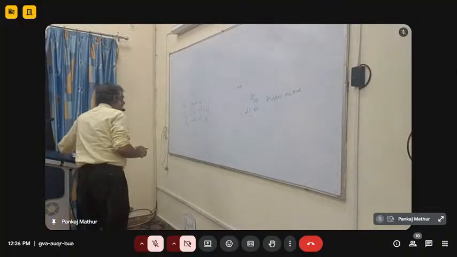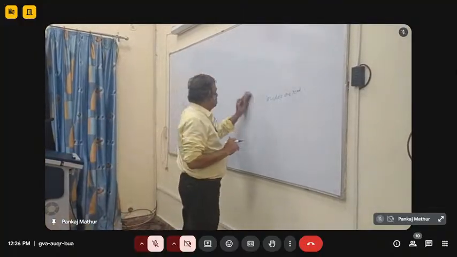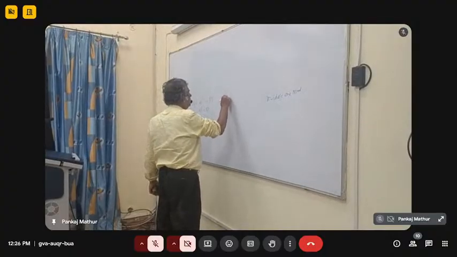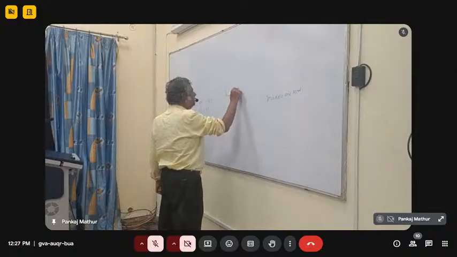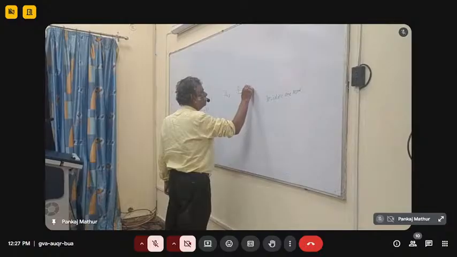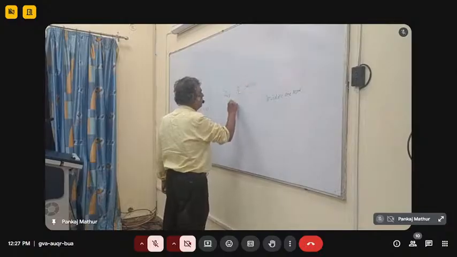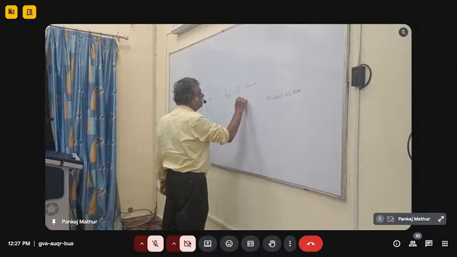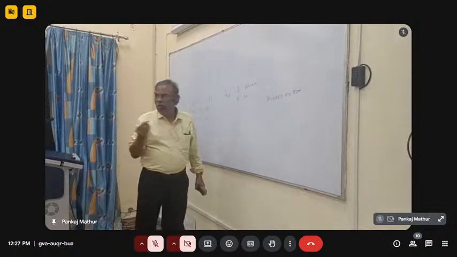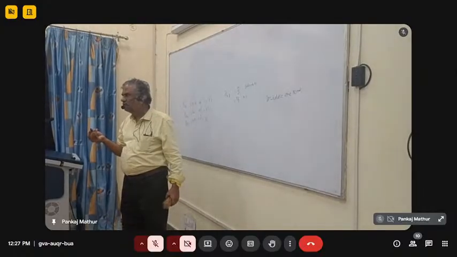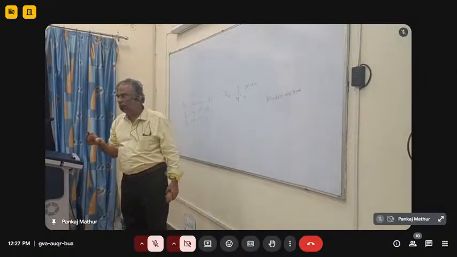And therefore, theoretically, what do you get? The number of elements in Z over N is N by 3 if 3 divides N, equal to N minus 1 by 3 if N is congruent to 1 mod 3. You all know what a congruence is, no? When I write N equal to 1 mod 3, you understand what it is.